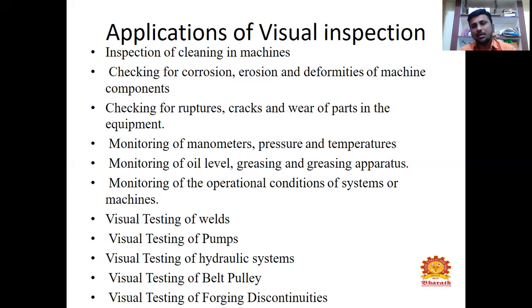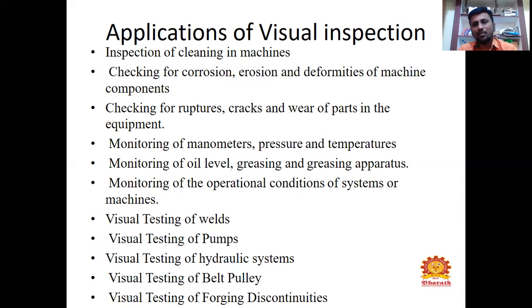In the DT method, it may change. That is the major disadvantage of the DT method. In the NDT method, we can reuse the inspected materials, we can use them one more time. But DT method material, we cannot use again.